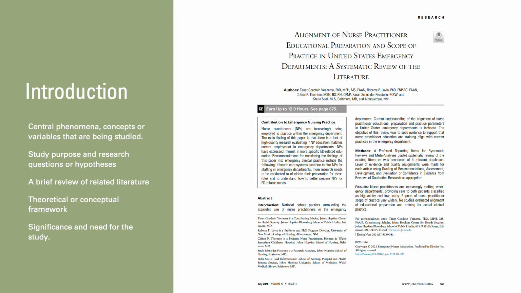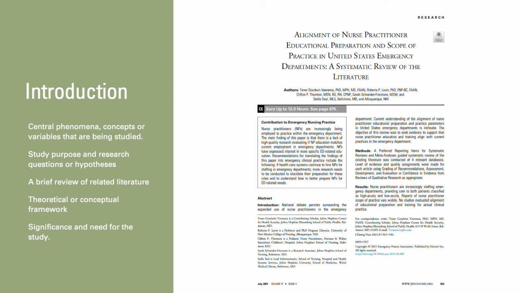The primary objective of this review was to seek evidence to support nurse practitioner education and training to determine if it aligns with current practices in an emergency department. So when you get to the end of the introduction or the background section, in the very last paragraph, we tell how we did this.